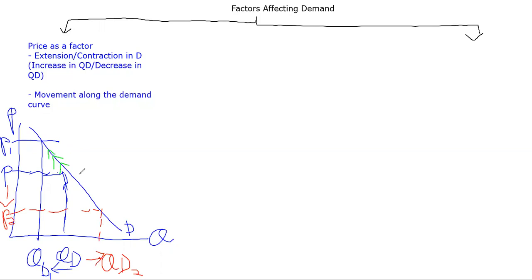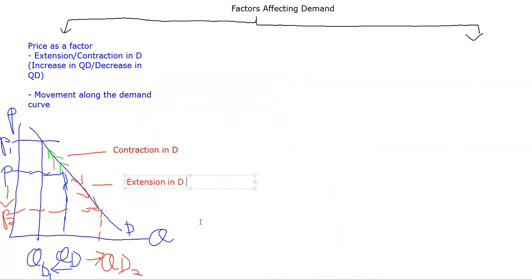However, when talking about it in terms of demand, we'll call it a movement or an extension. So the idea basically is that this is a contraction in demand, and this is obviously an extension.